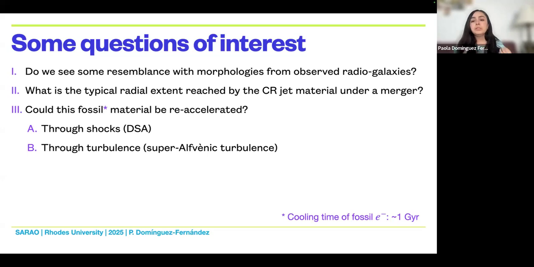And then we know that this material, if there is no reacceleration happening, will just cool down, and at some point it would just become a fuzzy population of electrons, right? So we also wanted to know, could this fossil material be reaccelerated somehow, either through shocks or turbulence?